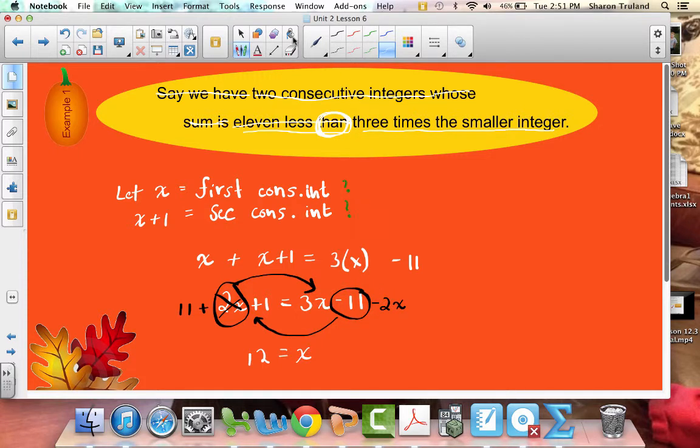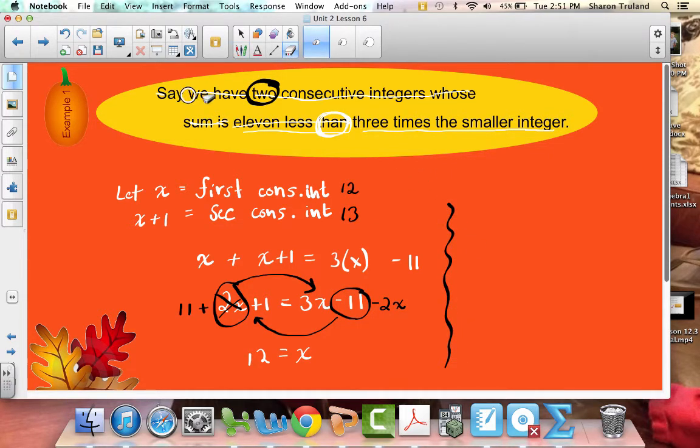So I think my answers are, now remember there's two answers because it said we have two consecutive integers. So I found the first one to be 12, and then 12 plus 1 leaves me to my next answer of 13. So let's check this. I'm gonna erase my crossing out here so I can check myself versus the words.